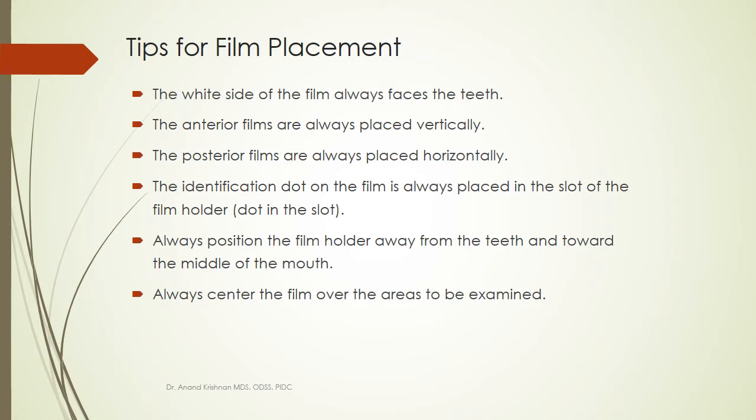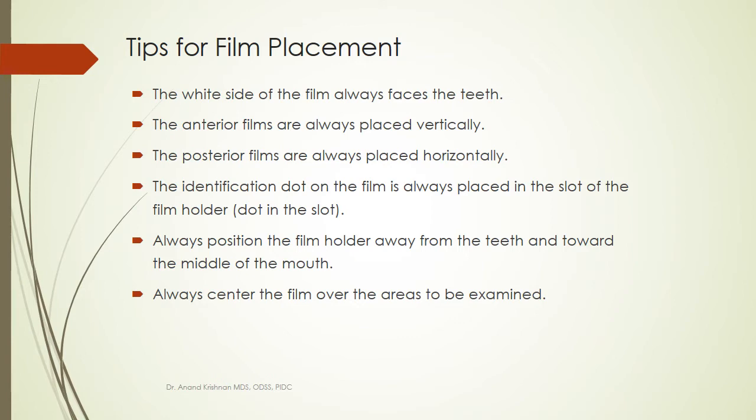So that is why we place the films vertically, whereas for posterior films we place them horizontally. Why? Because the teeth are wider in terms of breadth and also shorter in terms of height. So we tend to place them horizontally so that you can easily cover 2 to 3 teeth with one film.